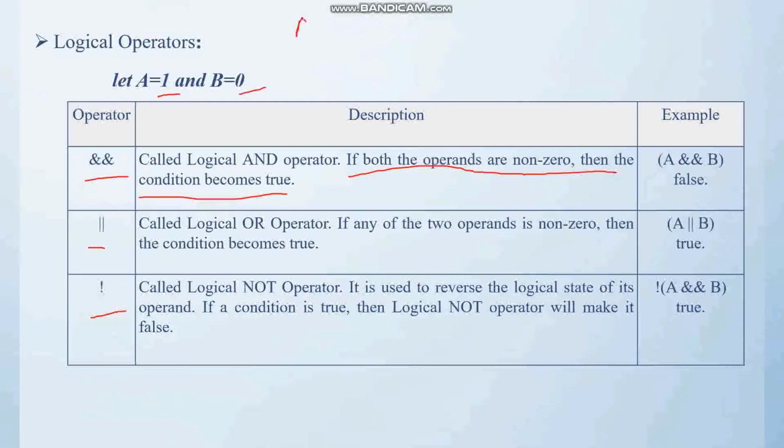If I perform A and B, let's create a table for identifying the operation A and B. The possible values of A and B may be 0 1, 1 0, 1 1, and 0 0.